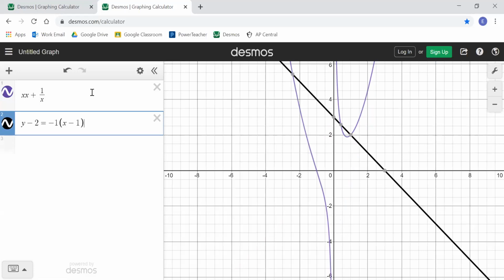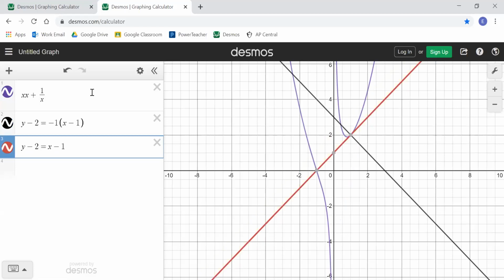So that's the normal line. And I could graph also the tangent line, and we could see there's the tangent line right at that 1, 2, and the normal line there is perpendicular to it. Everybody see all that? Mm-hmm. Any questions or issues on that?